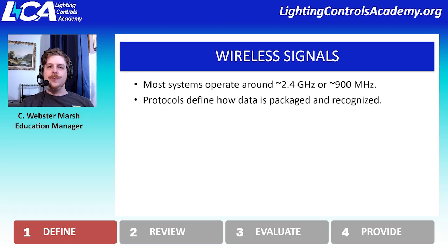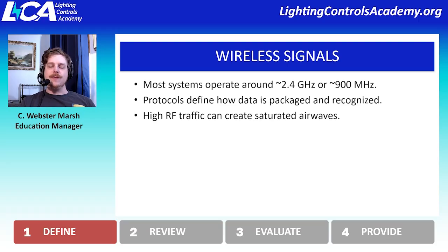How we are using these frequencies is really how we're sending out data packages. So like any digital communication protocol, we are packaging data in the communications standard that we're using, whether it's Bluetooth, Zigbee, or wireless DMX even. We are taking a little bit of data, packaging it up, and sending it out. And then the device is receiving that package of data, unpacking it, and responding accordingly to that data.